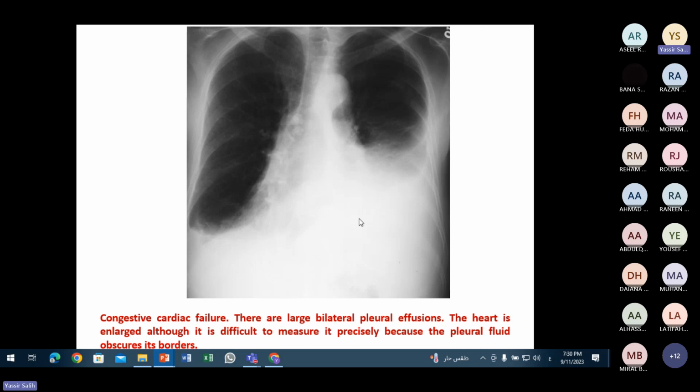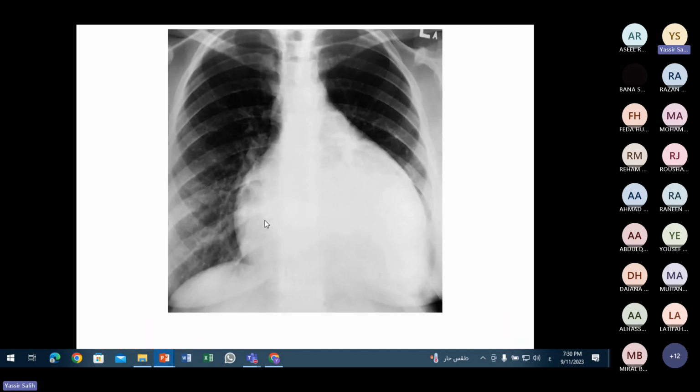And what about the heart shadow? It looks enlarged. This is congestive cardiac failure with bilateral pleural effusion. The most important signs of pleural effusion to know are the meniscus sign, blunting of the costophrenic angle, and the enlarged cardiac shadow.